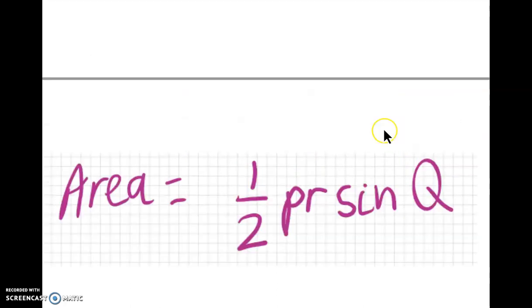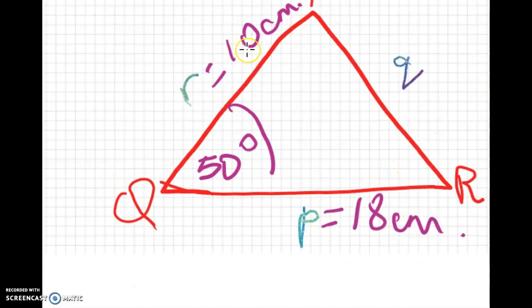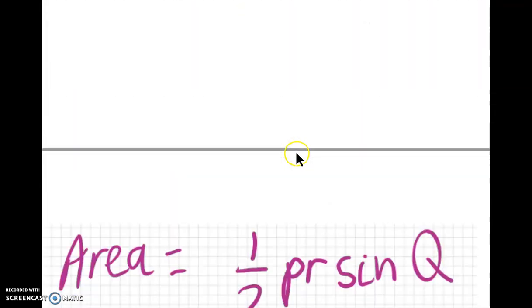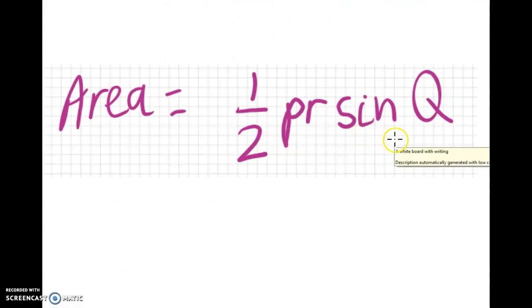So p is 18, r is 10, and Q is 50 degrees. This will be a half times 18 times 10 times sine 50 degrees. Substitute inside here, and voila, there's your area.